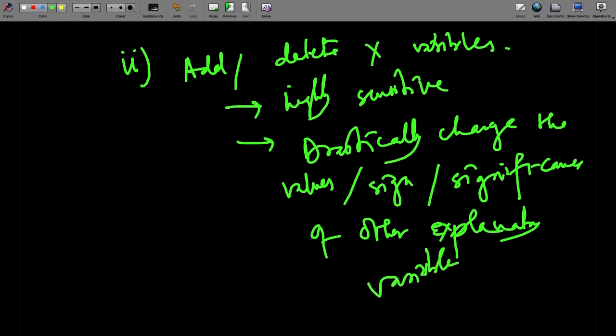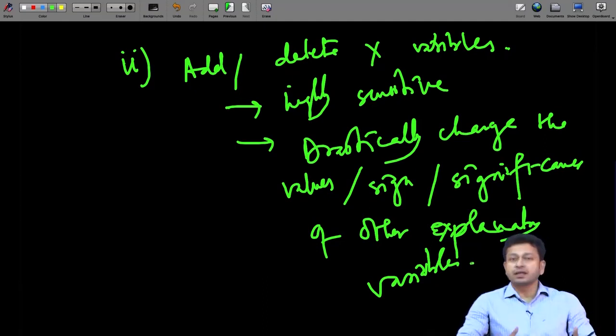And it can also happen if you bring in more data. If you bring in more data or reduce some data, it will also be very sensitive to any sort of change. So if you see this kind of sensitivity in your model, you can presume that there might be a problem of multicollinearity. Okay.